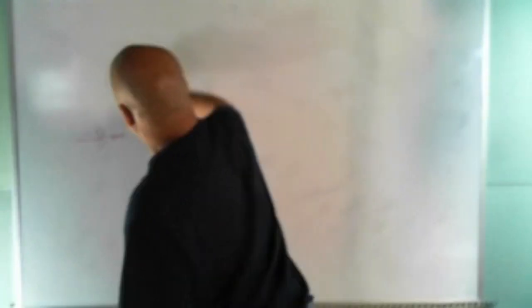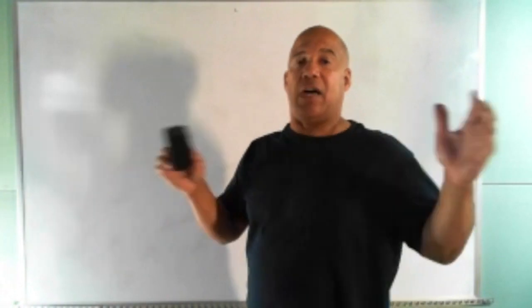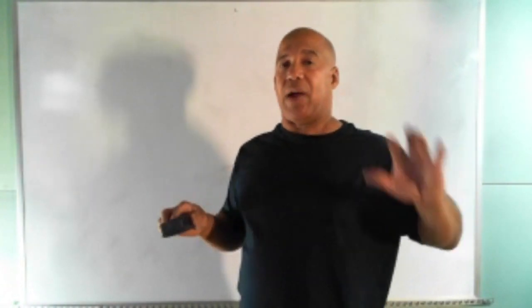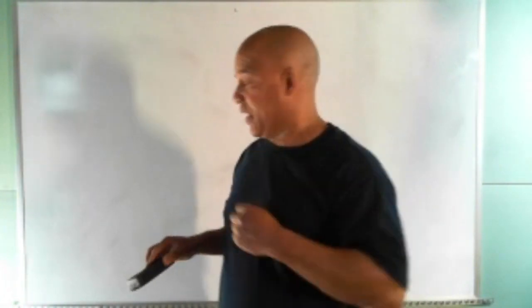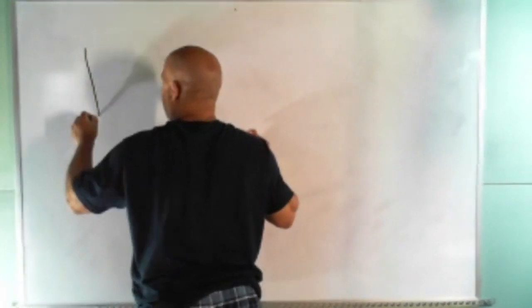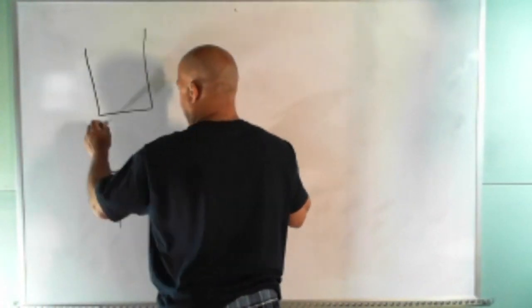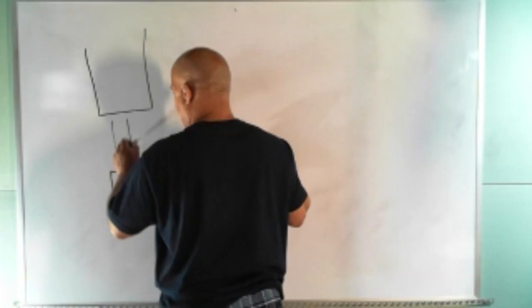So now I'm going to make this really simple, because I'm going to take the coil out of the generator and represent it another way, and you'll see it. I'm going to take my generator, here's my coil.